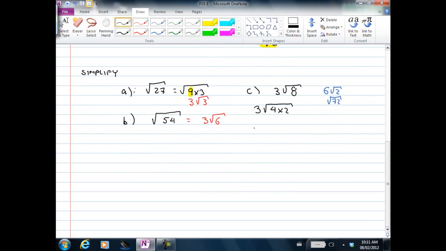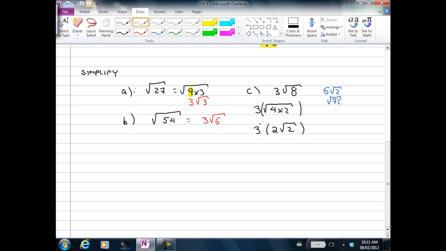Now, what I'm going to do is I go 3. See, that 3 is still there. Times. This means 3 times this stuff. So it'll be 3 times 2 root 2. Would you agree? Again, no tricks. So when you multiply, you take the number on the outside, multiply with this number only.